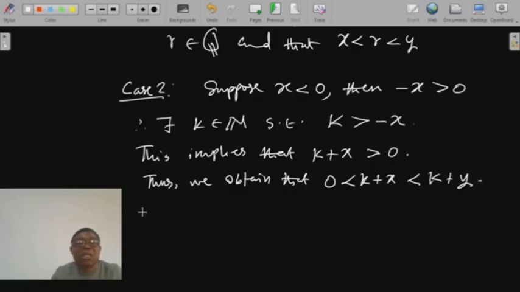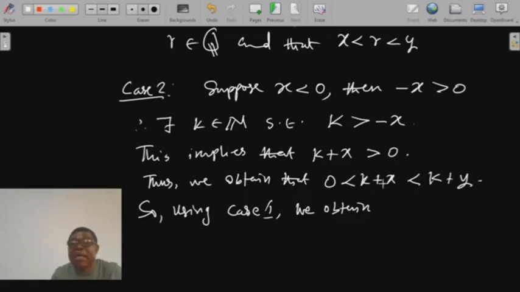Thus, using case 1, where this is bigger than 0 and less than k plus y, we obtain that there exists an R naught in the set of rational numbers such that k plus x is less than R naught, which is less than k plus y.